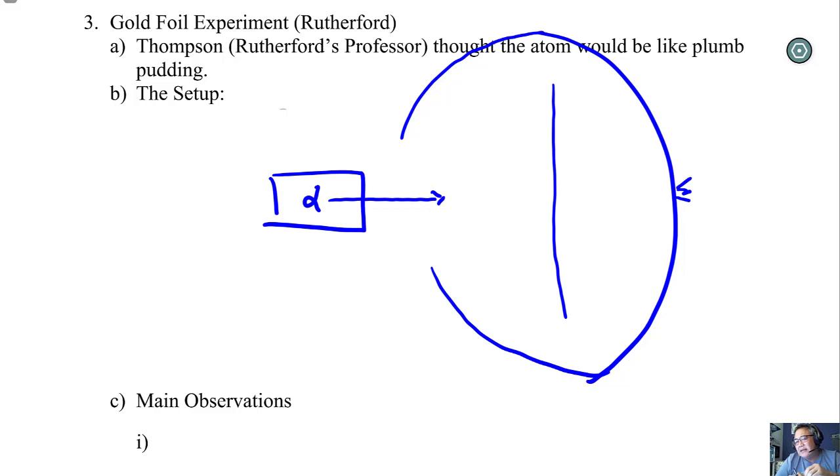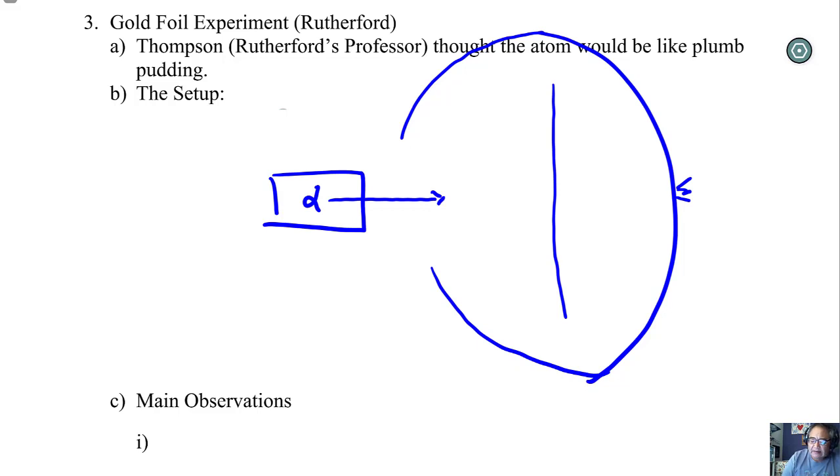They knew about positive and negative charges because of Thomson's work with the electron. He says, well, there are these negatively charged particles, there must be positively charged particles. So then the question was, how are these things distributed to create matter?